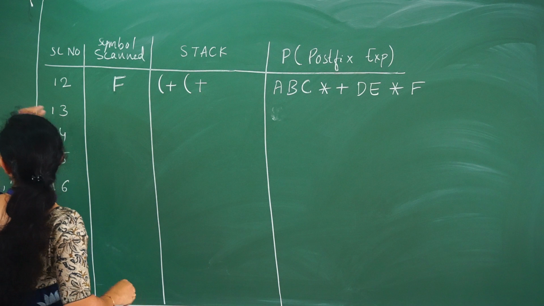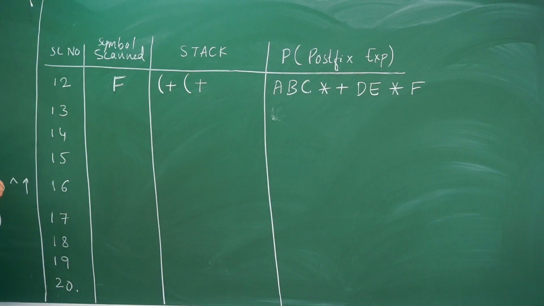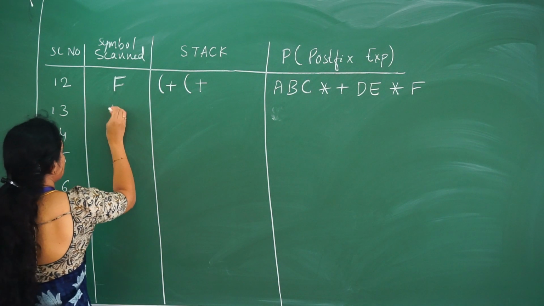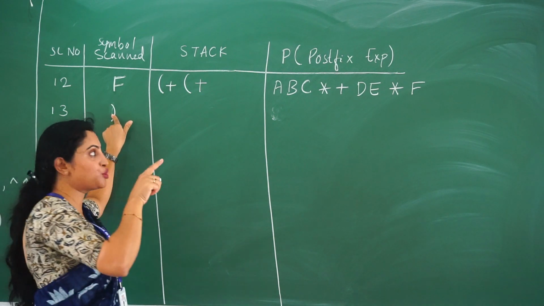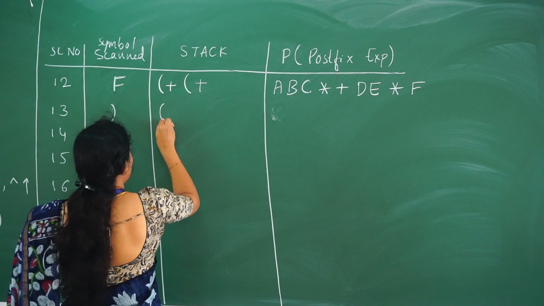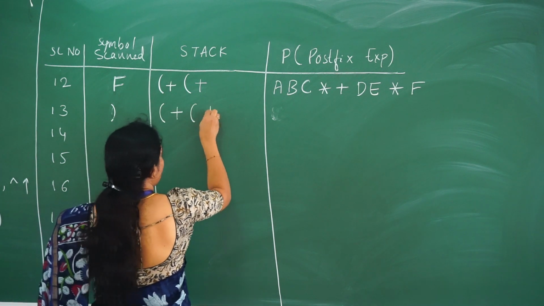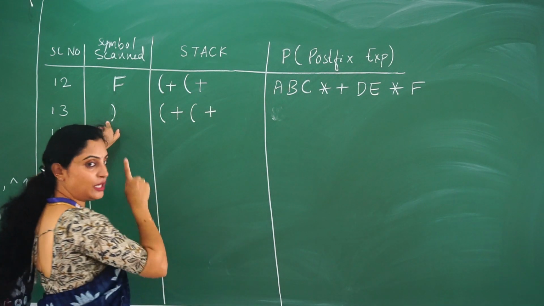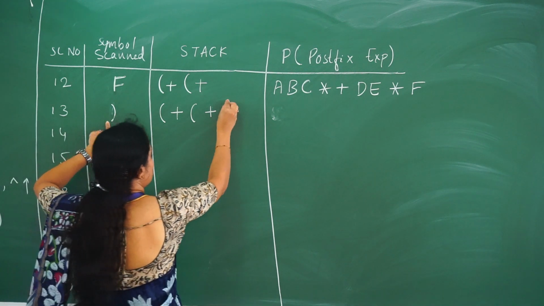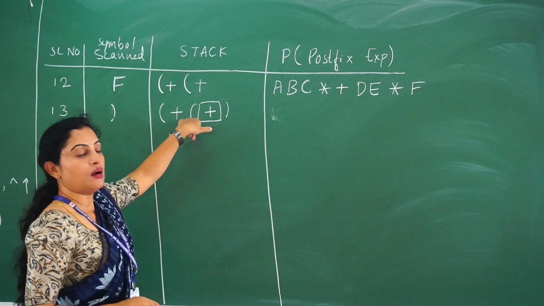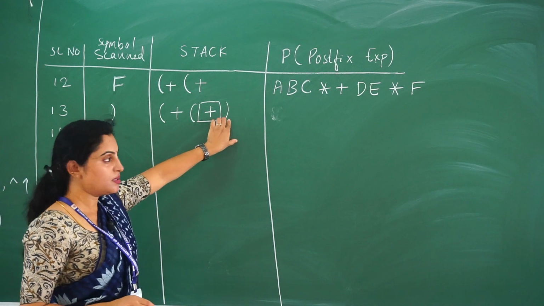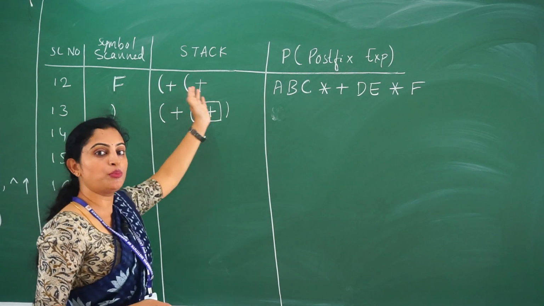So the next scanned element is a right parenthesis. Whenever this right parenthesis is encountered, whatever operators are in between the left parenthesis and the right parenthesis have to be popped one by one.